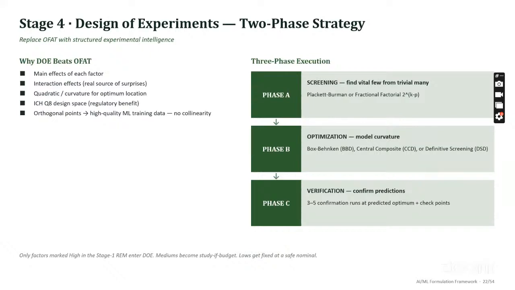Only high risk factors from stage 1 are entered in this. The main effects of each factor, interaction effects, the real source of surprise, and quadratic curvature for optimal location, the high stage QA design space, and orthogonal points. So these three phases will give you checkpoints, all the checkpoints.